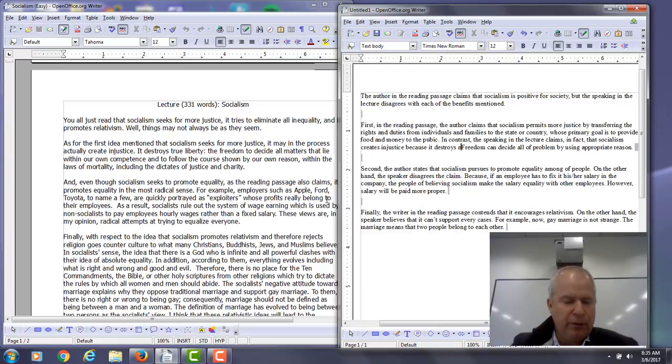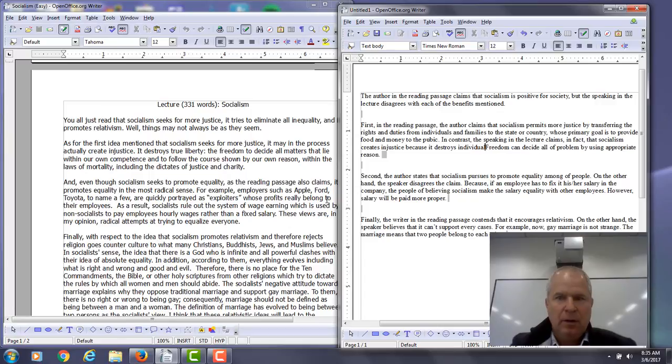We'll say here it destroys individual freedom to decide, and you have here within the, so it destroys individual freedom to decide all problems.